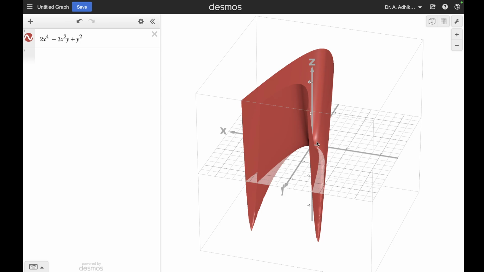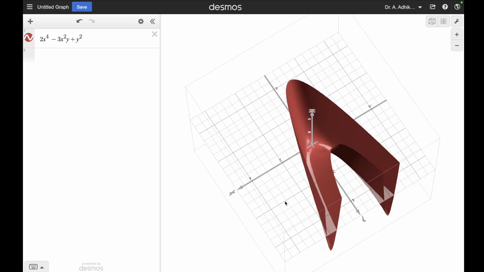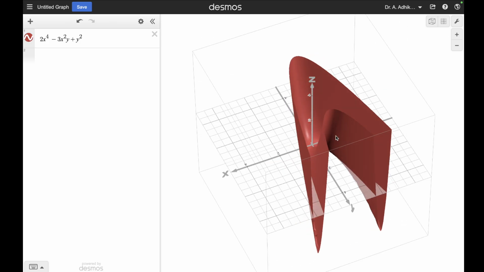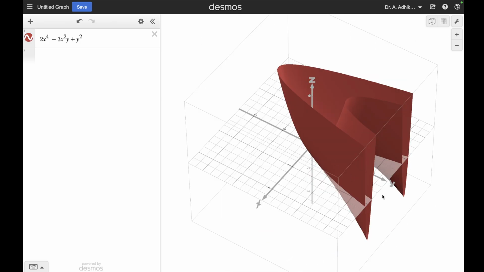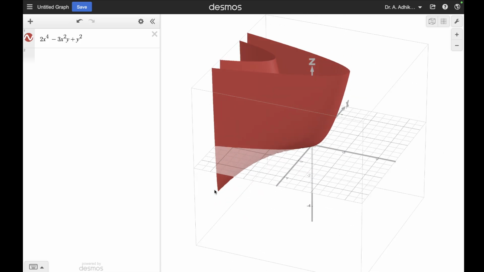This figure, this point (0,0), and this is the three-dimensional surface of this. You can draw it from the Desmos app. At the point (0,0), neither maximum nor minimum, so this is the saddle point. Along this curve, this is the maximum. Along this curve, this is the minimum. Thank you for watching this video.